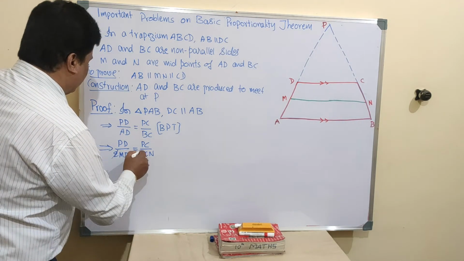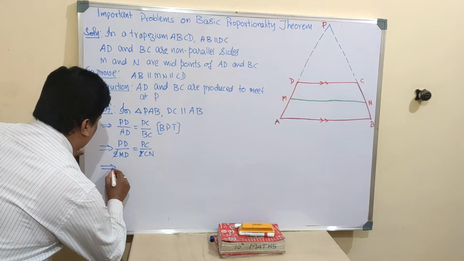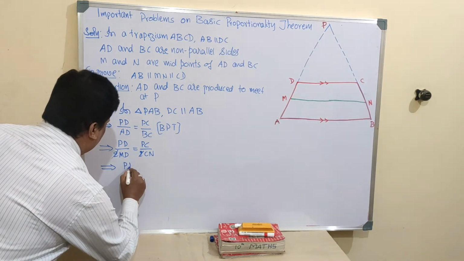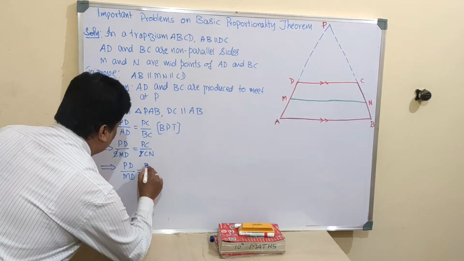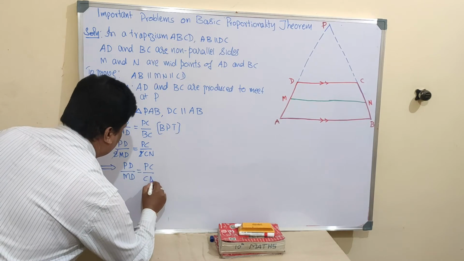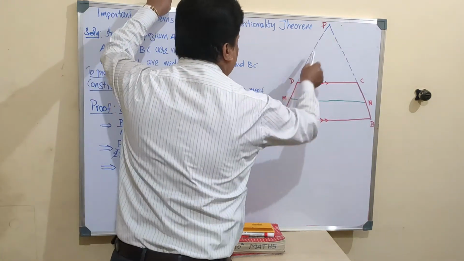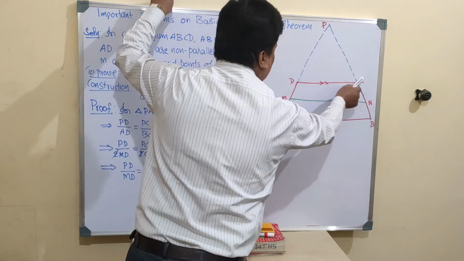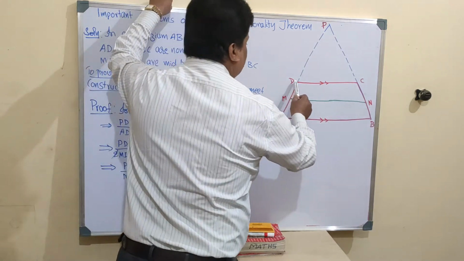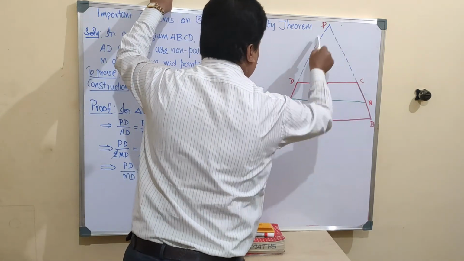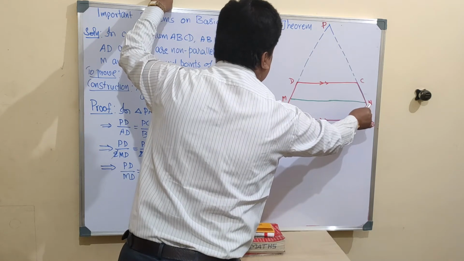Here 2 get cancelled. Then it remains PD by MD is equal to PC by NC. It means DC divides PM and PN in the same ratio.